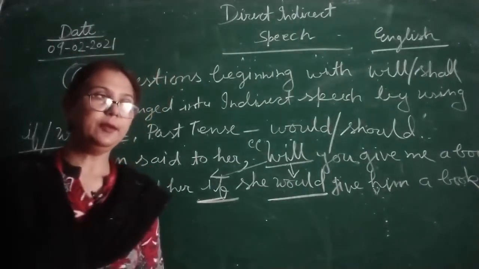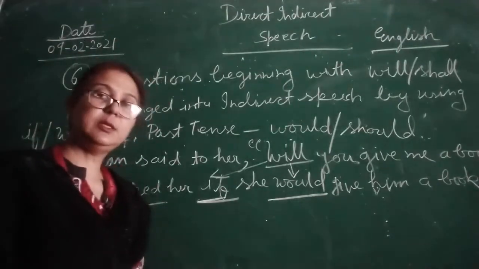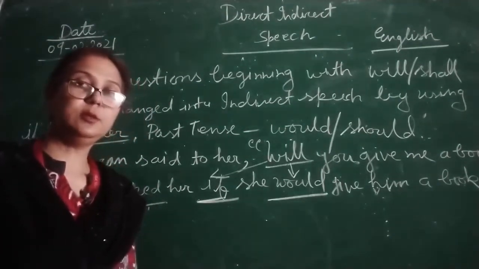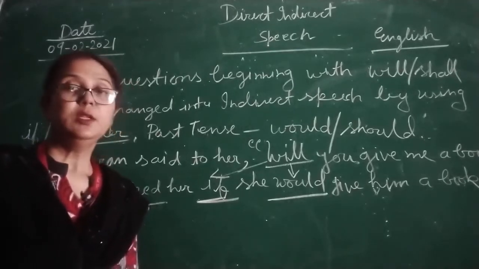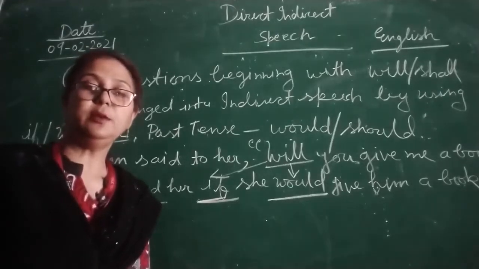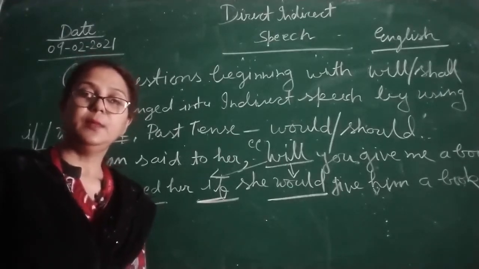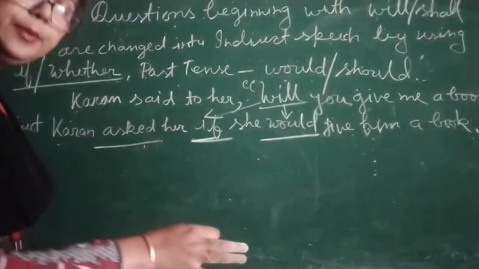So children, likewise we will change. We will continue this same topic tomorrow also, because lots of things are left. So tomorrow we will be continuing the same topic. Okay children? So revise it and complete it. Now I will give you one more example for that.